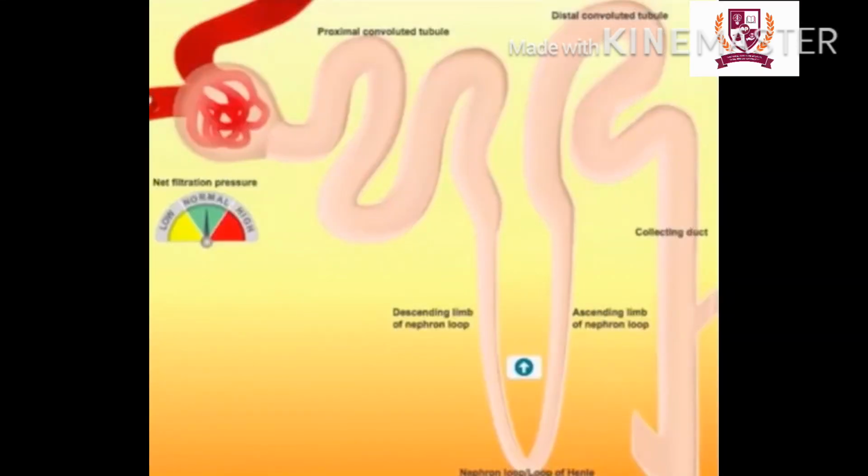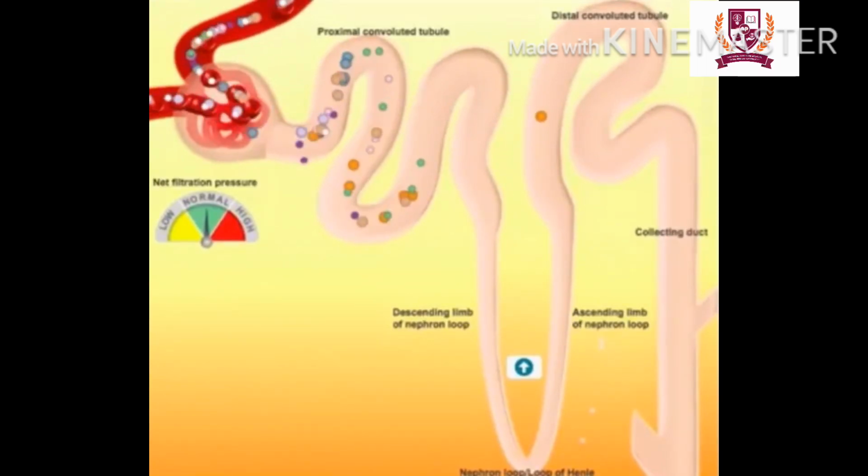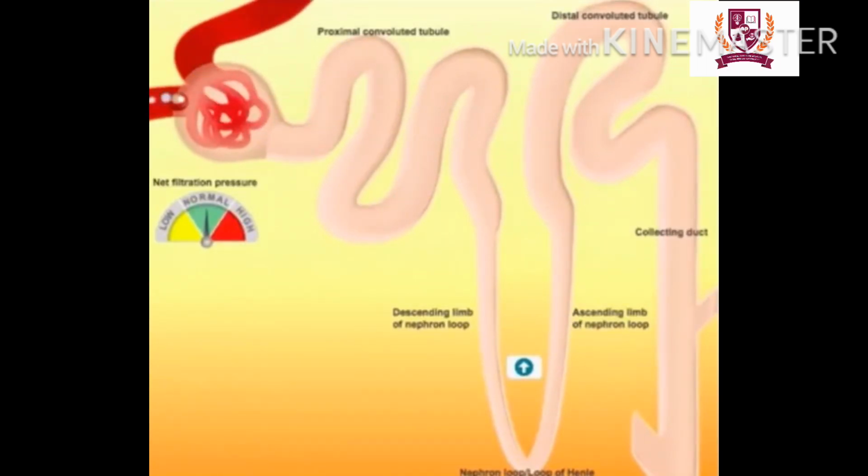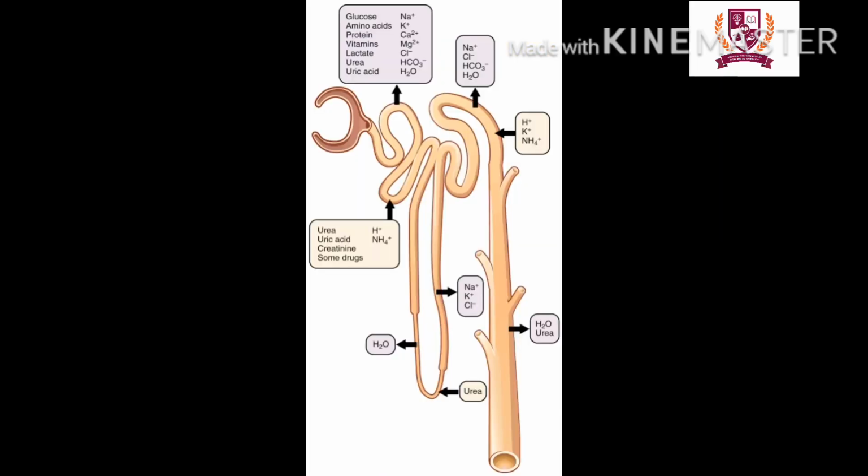In the second stage, all the useful substances which were filtered along with urea have to be reabsorbed to the blood. The reabsorption takes place in the proximal and distal convoluted tubules. And in the final stage, that is tubular secretion, some ions are secreted by PCT and DCT to maintain the balance of the urine.